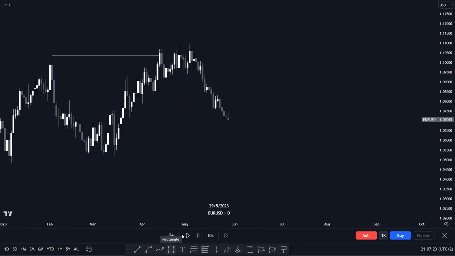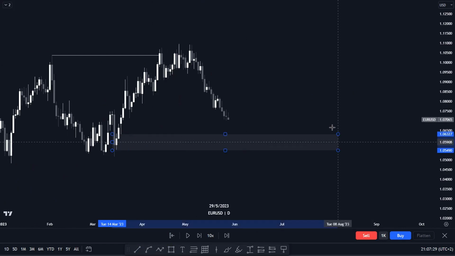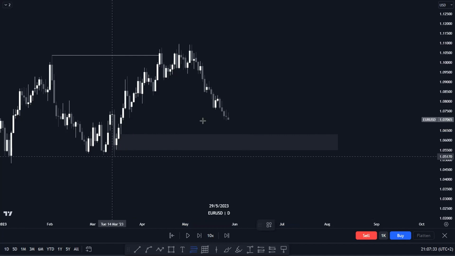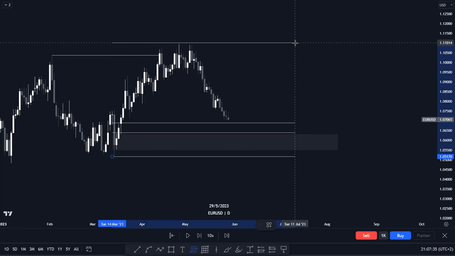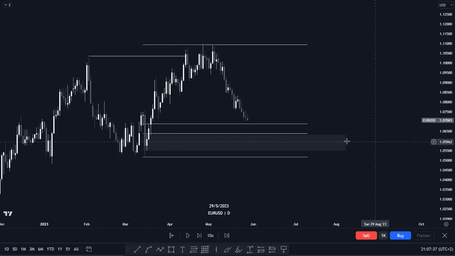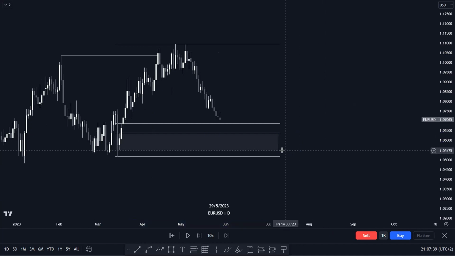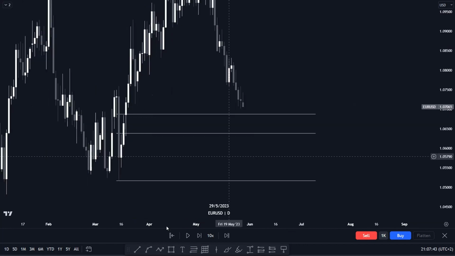And we had a choice to take our demand entry or our golden zone entry. But in these cases we took our golden zone entry, so let me just mark it off.